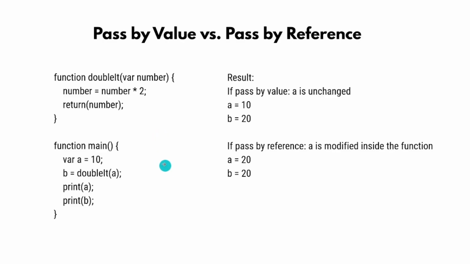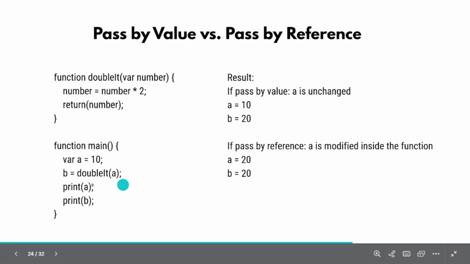So inside, you have number equal to number squared. This directly changes that shared memory. So a goes to 20 because you're doubling it, right? And the final result is a equals 20 and b equals 20 because both variables point to the same data. So the key detail here is one is a copy, the other one's memory.